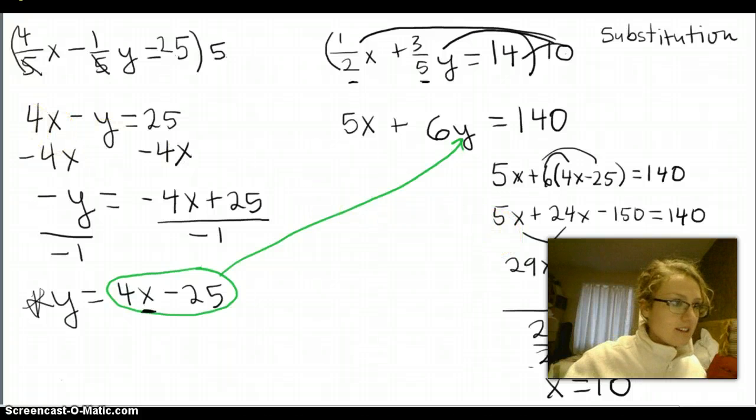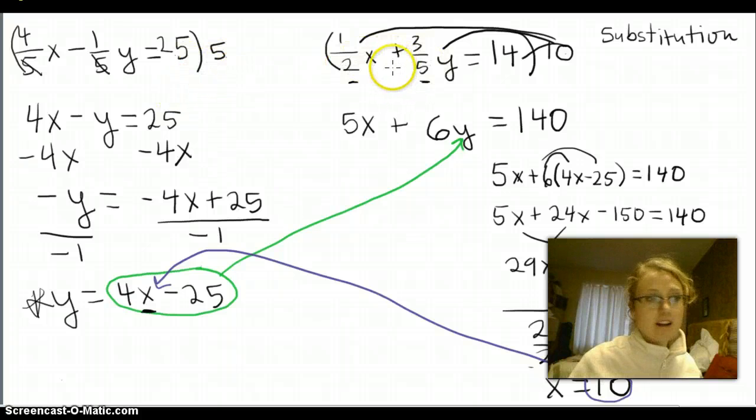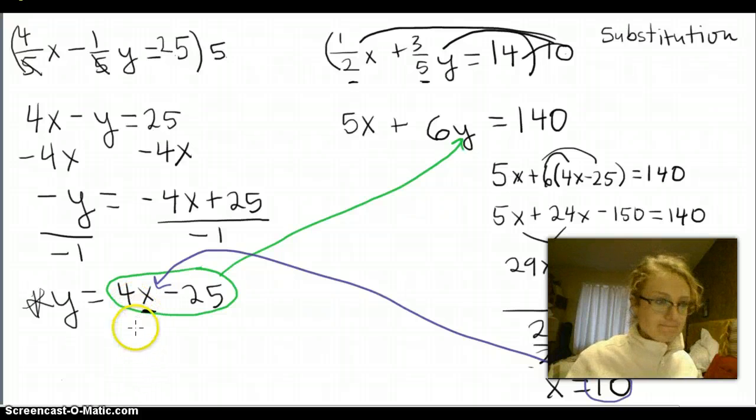Our last step is always to plug in, so we'll take this 10 for x and plug it in here. Now I could have chosen any of these equations, the first original ones that had fractions, the second phase where we cleared the fractions, or this one here where y is already solved for. Any of them would work to plug x back in for. I'm just choosing this one because I think it will be the fastest.